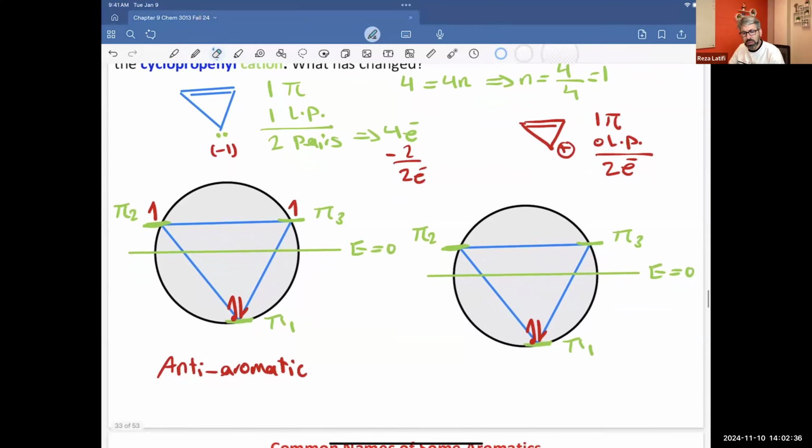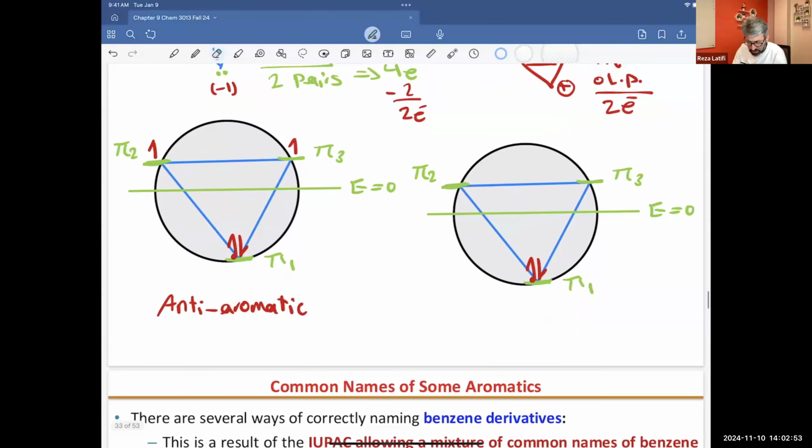Now, look at the highest occupied orbital. Pi 1 is occupied, so we have 1 pi orbital, and that pi orbital is fully occupied and the top ones are empty. If that's the case, we say we are dealing with an aromatic compound or species.